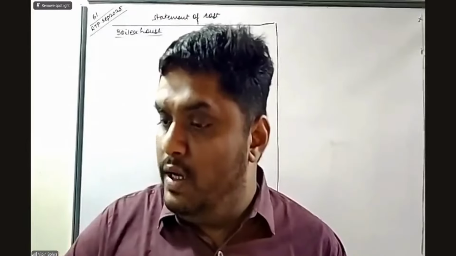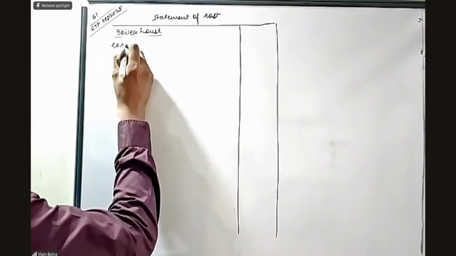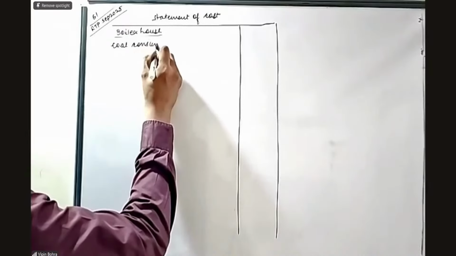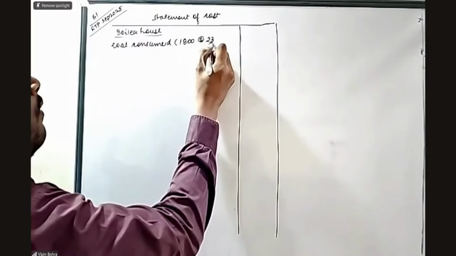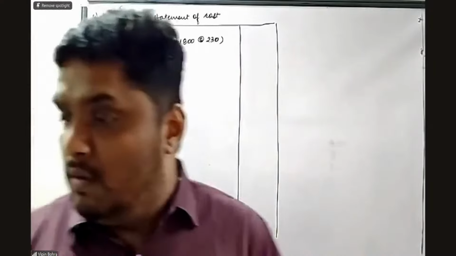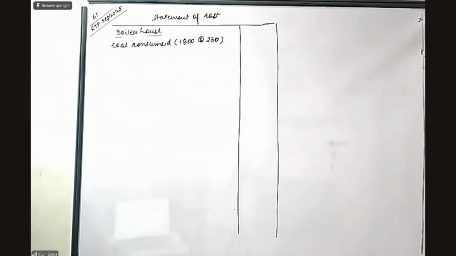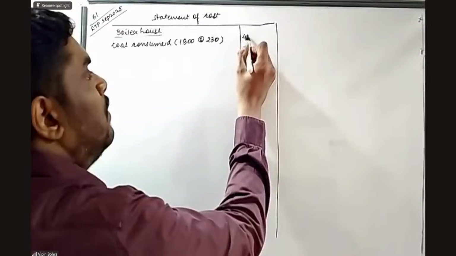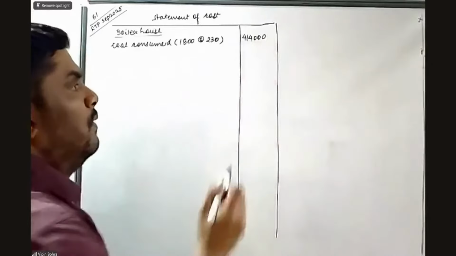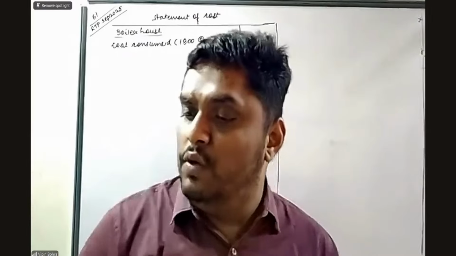So first thing is the coal consumed, 1800 tons at the rate 230 per ton. Freight and handling charges are 7% of the value of the coal used.